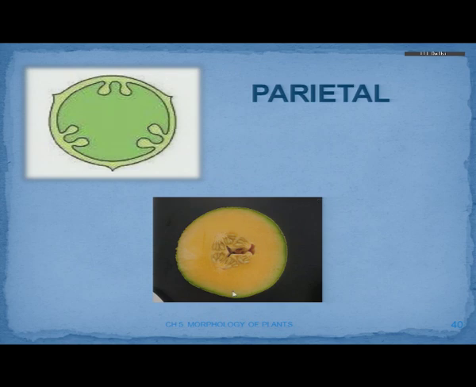This is a section of a melon, and look how beautifully there is the resemblance between the orientation and arrangement of ovules and arrangement of seeds in this picture of melon. Can you think of any other example which shows parietal placentation? You must have cut many fruits and vegetables many a times. Please try to notice the type of placentation that is present in them.